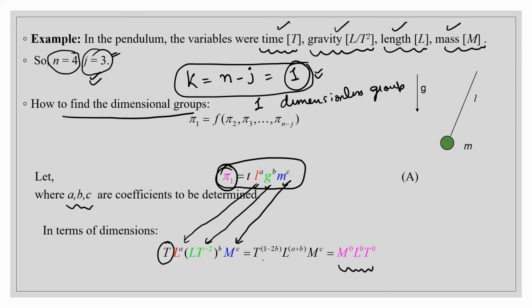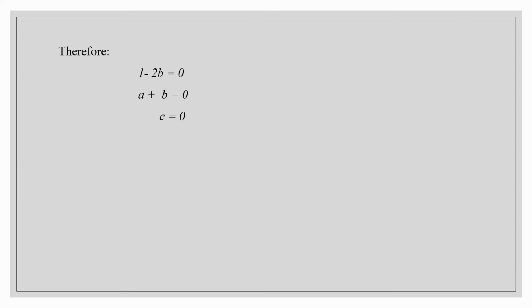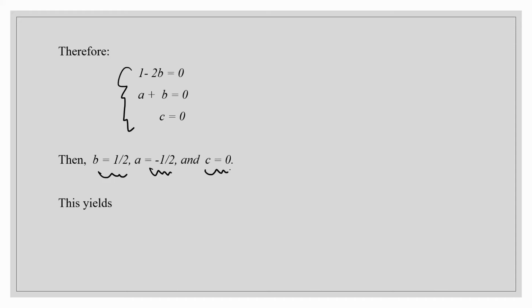So if you see this, I can write this as equal to this, and now you need to equate the two sides. We are getting 3 equations, and if you solve them, you will see that b is equal to half, a is equal to minus half and c is equal to 0.